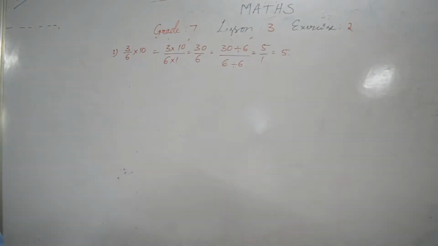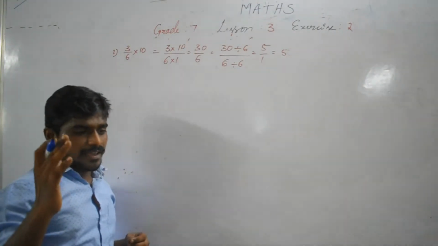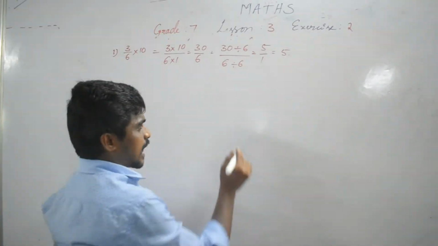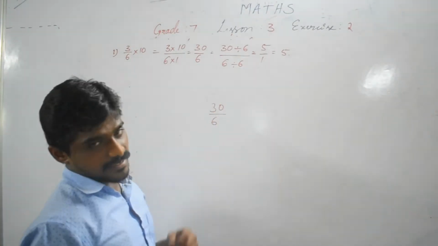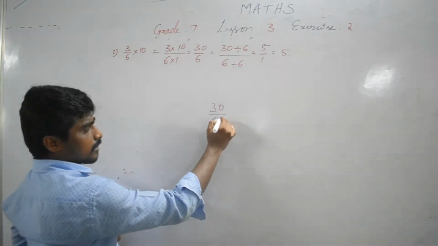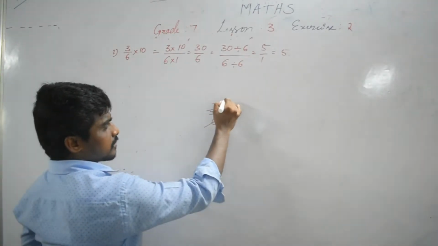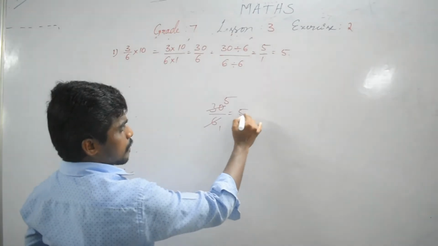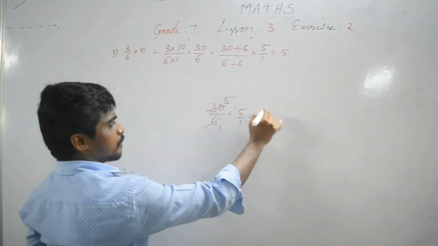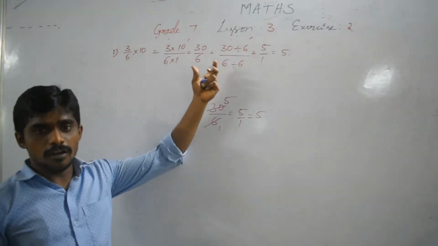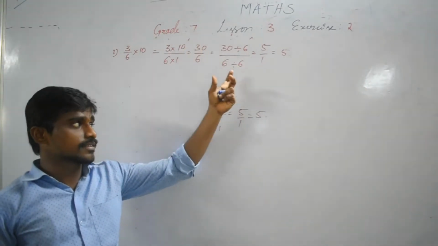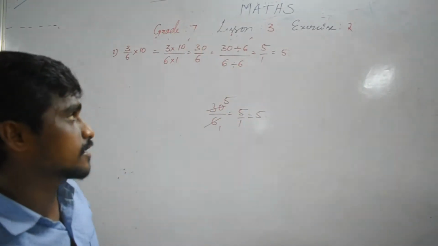You learned cancellation in 6th, 8th or 9th class. I already said in 6th class, 30 by 6, 6 1s are 6, 6 5s are 30, 5 by 1. So 5. Actually this is cancellation. I said one or two problems will be like this, with cancellation.